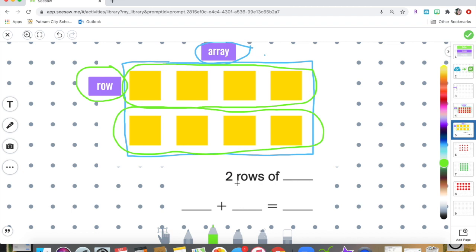Okay, now we have some words and lines underneath. So let's look at those. We have 2 rows of blank. So remember from our example last time, it wants to know how many is in each row. So we have 1, 2, 3, 4. We have 2 rows of 4. So if we want to add these together to see how many is in the array, we could do 4 plus 4, and we know that's a double, that equals 8.